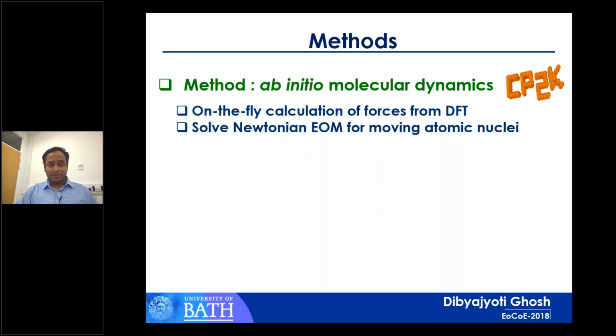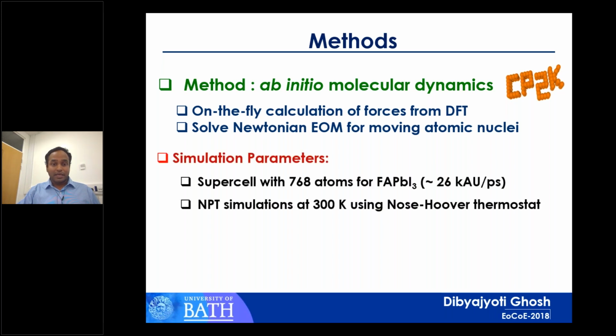As a method, we have used ab initio molecular dynamics to capture the real-time dynamics of these systems. In this method, we calculate the forces on the fly, and then we solve Newton's equations of motion to time evolve the atomic nuclei. As simulation parameters, we have used a considerably large supercell of formamidinium lead iodide, and we have simulated an NPT ensemble at 300 Kelvin.